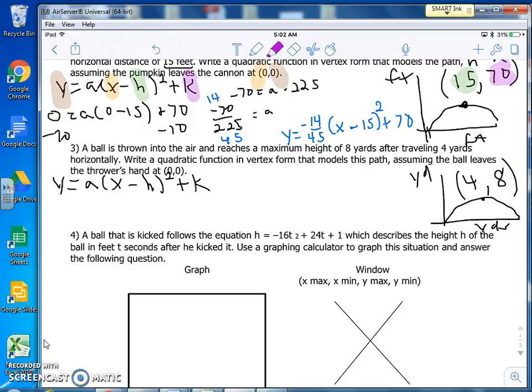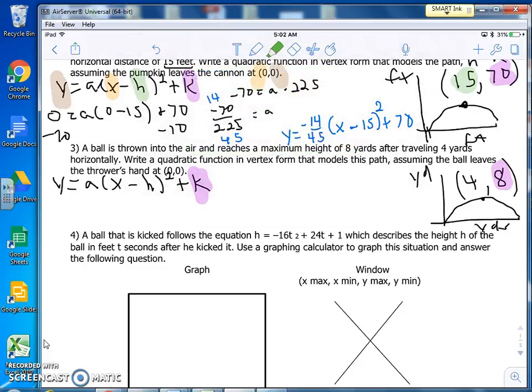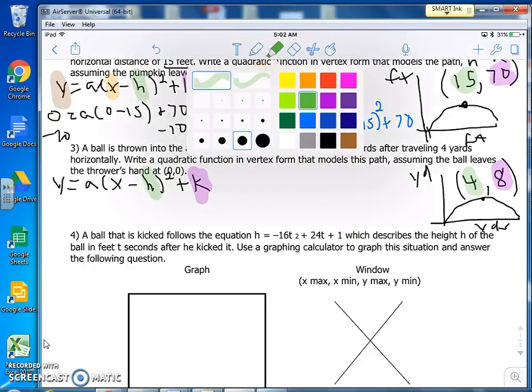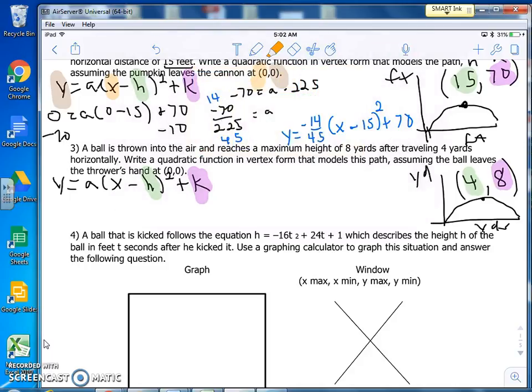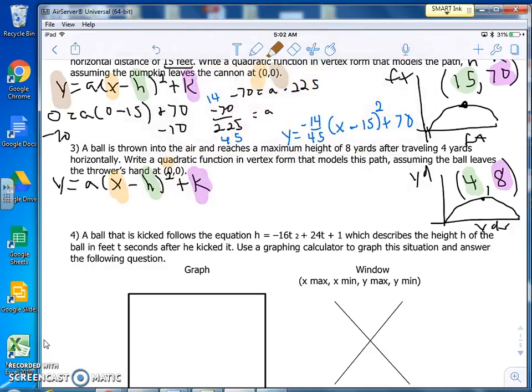And our k value is the 8 over here from the vertex. Our h value is the 4. h, k is where the vertex is. Our x value comes from the point they give us, so that's the 0. And our y value also comes from the point they give us, that's 0. It won't always be 0, 0, but it's not that uncommon.